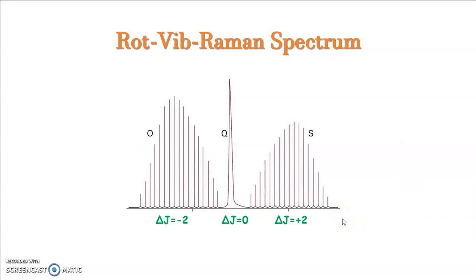The presence of a strong Q branch in the Raman spectrum is to be noted, and can be compared with the P and R branches only, which occur for a diatomic molecule in IR. The analysis of the O and S branches in the spectrum can provide us the value of rotational constant B, and once we know the value of B, we can get the value of moment of inertia, by which we can get the bond length.